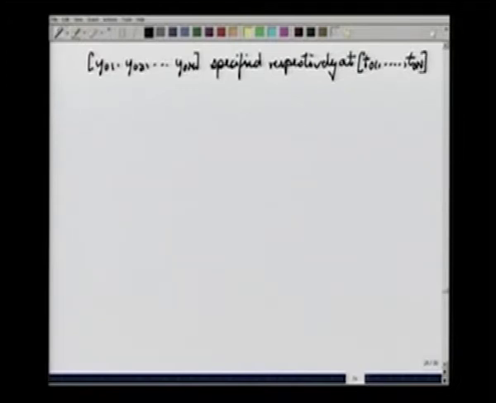So, you have these specified at these instants and you have xt being applied and you get yt as the output.